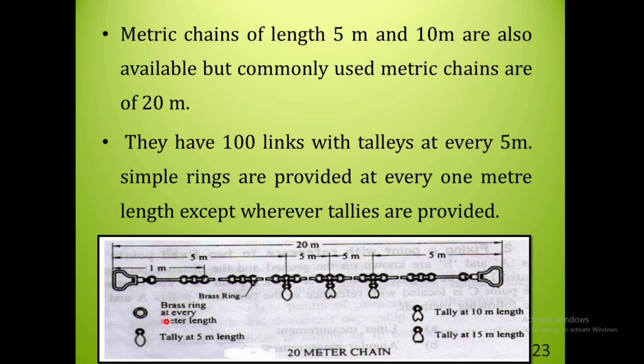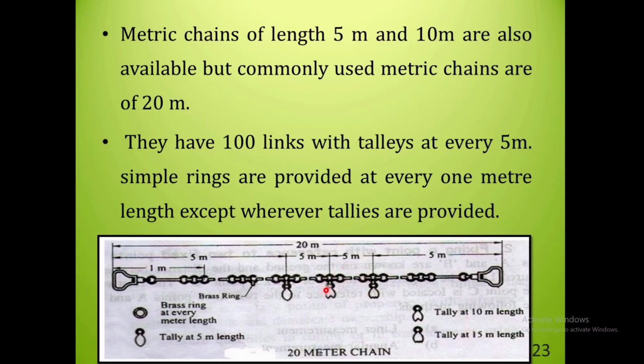This is the round which indicates the brass ring, and this ring is provided at every 1 meter length of the chain. See here, this is the ring, and this is the tally at 5 meter length, this is the tally at 10 meter length, and this is the tally at 15 meter length.